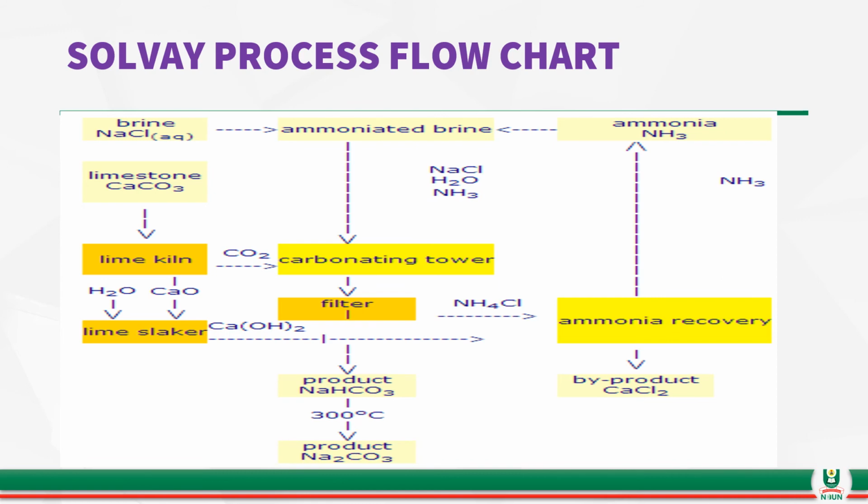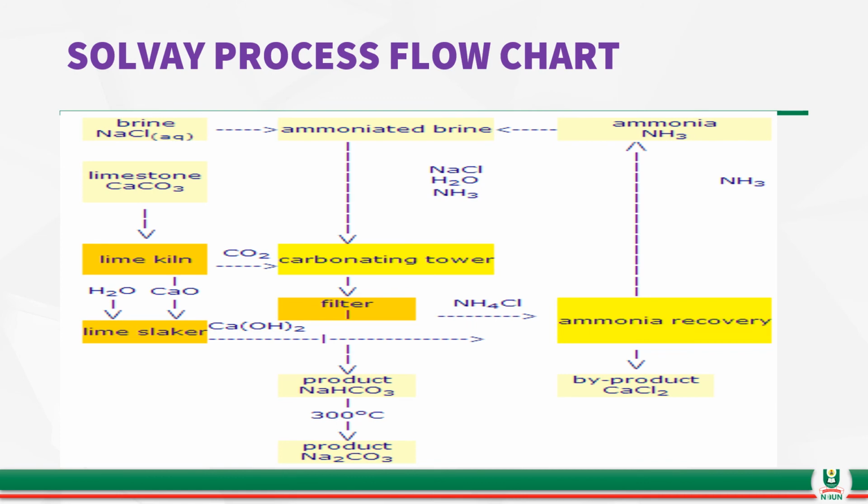Recall too that sodium bicarbonate is less soluble than other components of the solution, so it then settles at the lower part of the Solvay tower, which is now separated by vacuum filtration and washed to remove ammonium salts. You can see ammonium chloride here showing the ammonium salt that is formed at the end of the reaction in the carbonating tower.